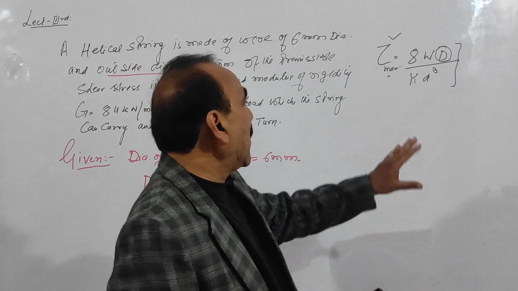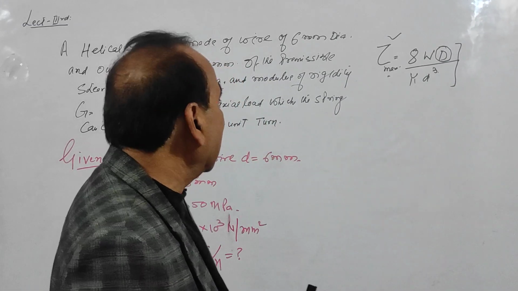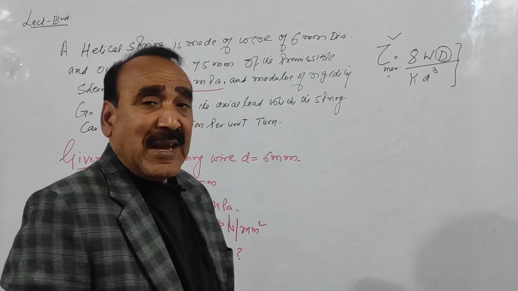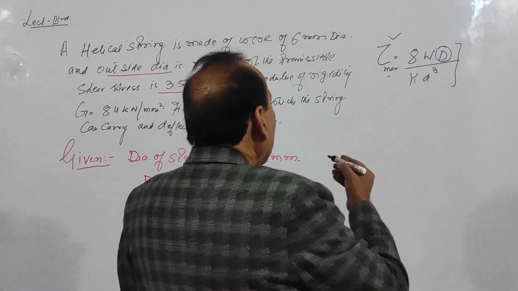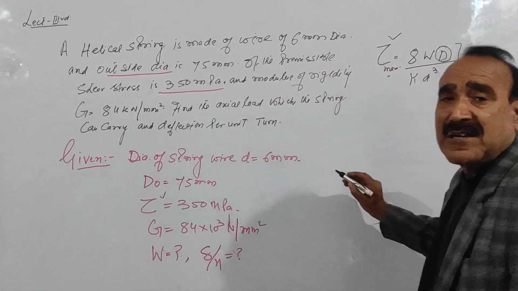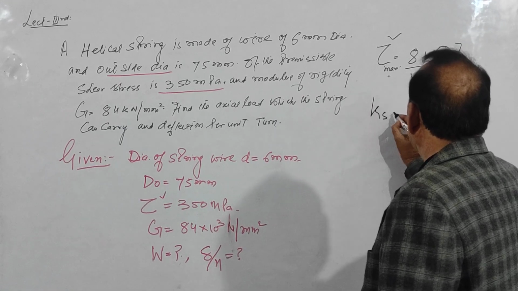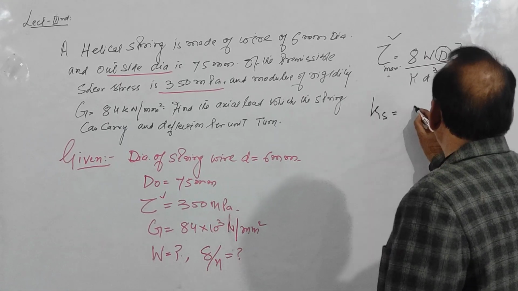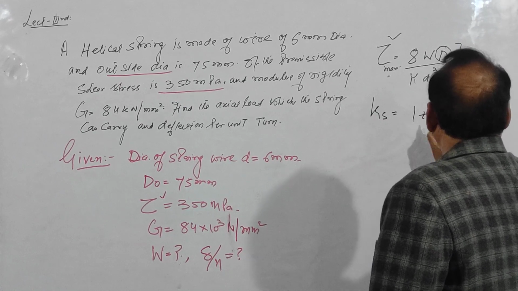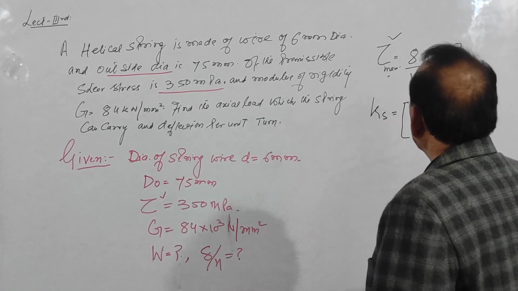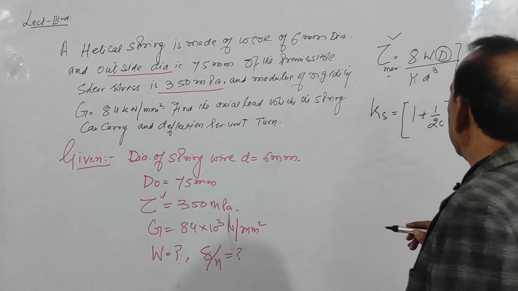So when I consider the effect of curvature, there is a factor that is called the shear stress factor. So the shear stress factor Ks is equal to 1 plus 1 upon 2C, right?